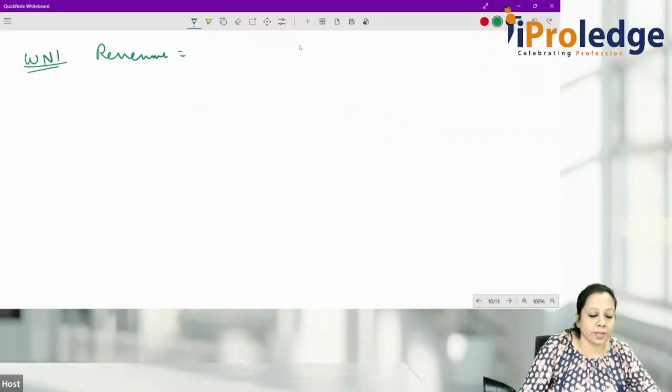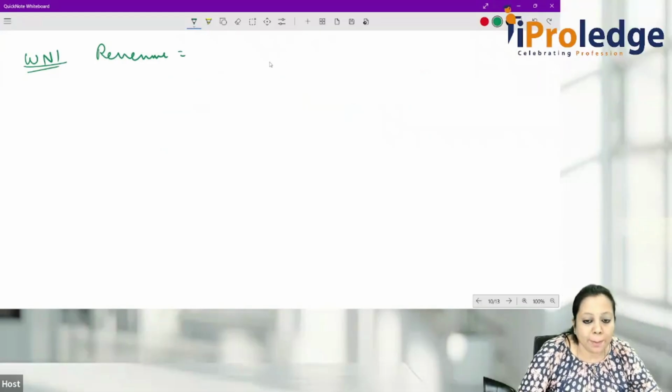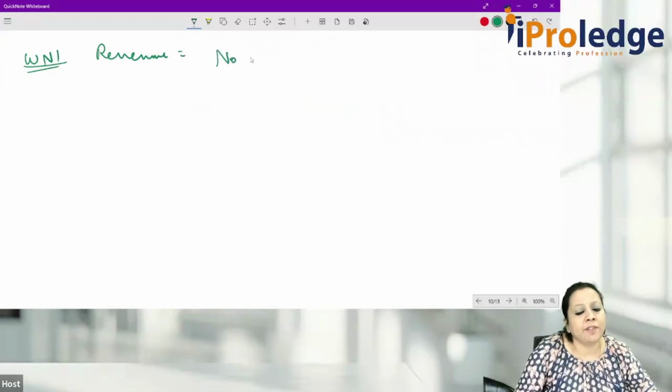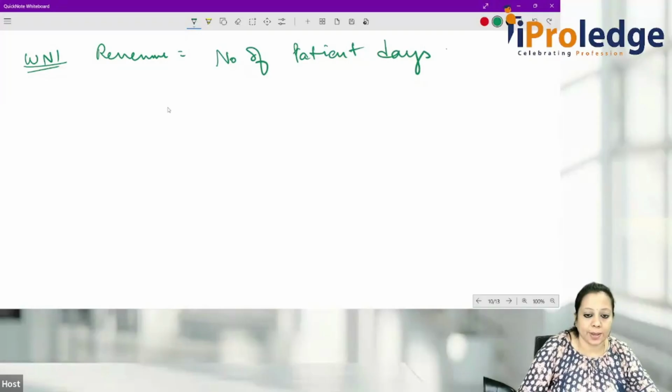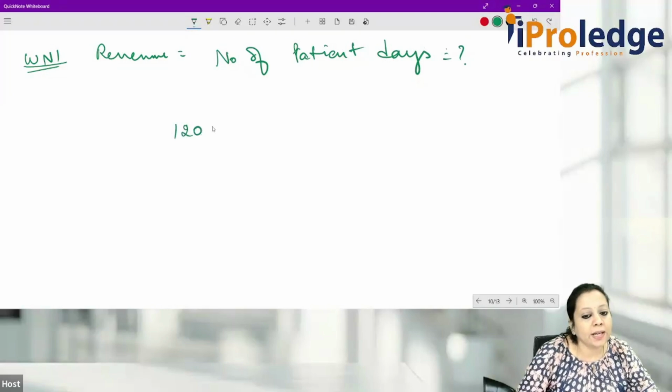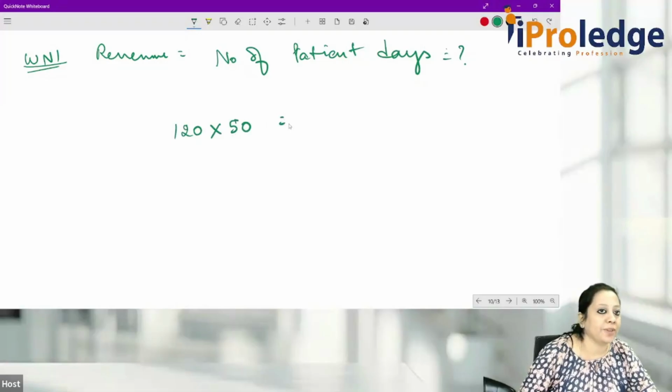I'm reading the original question. You people also see if all information is there. First of all, we should find out the number of patient days, correct? So the number of patient days equals how much? We know that 120 is full capacity, that means 120 into 50.